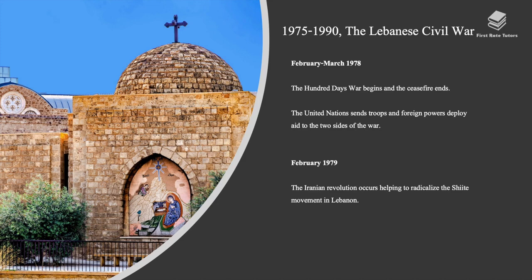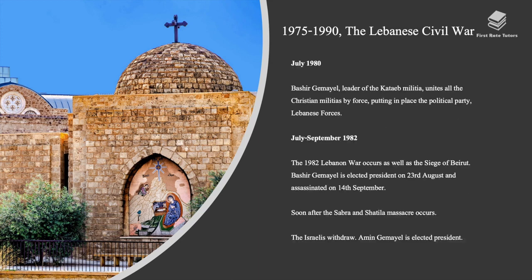In February 1979, the Iranian Revolution occurs, helping to radicalize the Shiite movement in Lebanon. In July 1980, Bashir Gemayel, leader of the Kataeb militia, unites all the Christian militias by force, putting in place the political party Lebanese Forces.